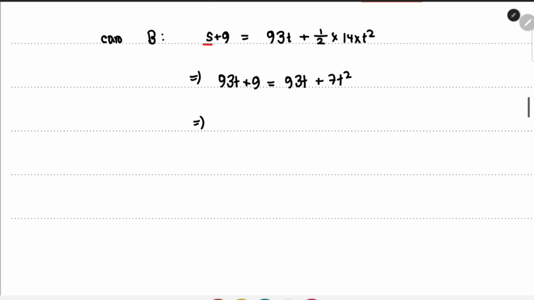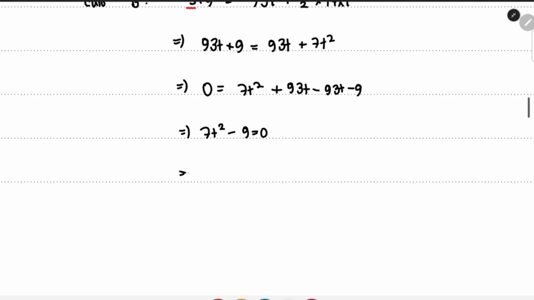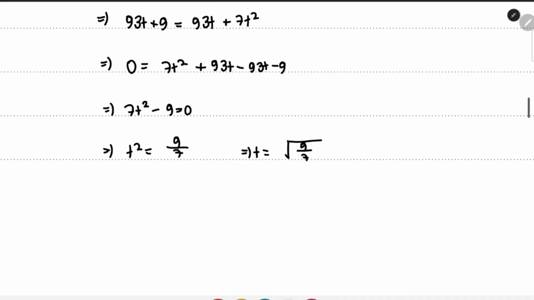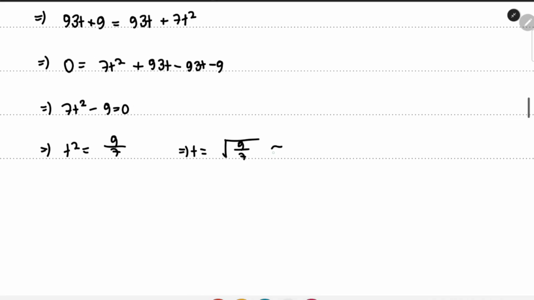If we move everything to the right, we get 0 equals 7t squared plus 93t minus 93t minus 9. We get 7t squared minus 9 equals 0. And from here I get t squared equals 9 by 7, and t is root over 9 by 7. We don't take the negative because it's time. And this approximates to 1.13 seconds.